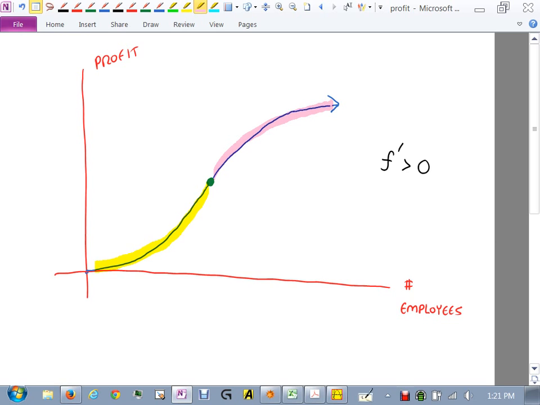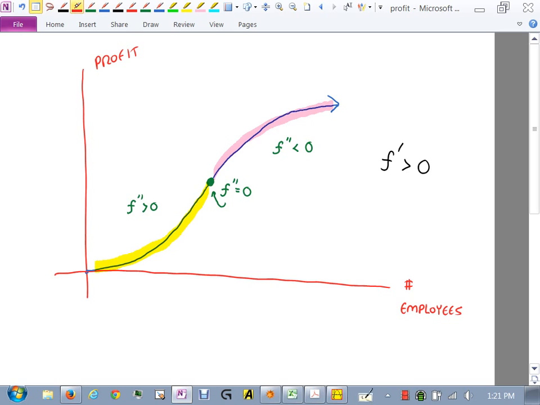And that would be your inflection point. This would be where your second derivative is 0. That's what's happening right here. Over here, your second derivative would be what? And over here, it would be what? So to the left, it would be positive, and over here, it would be negative. So let's talk about what the value of that point is.